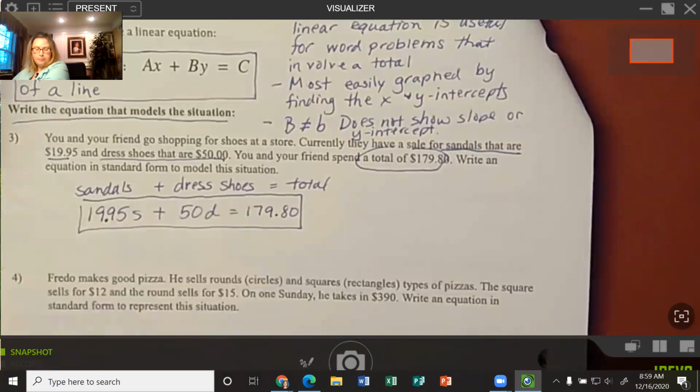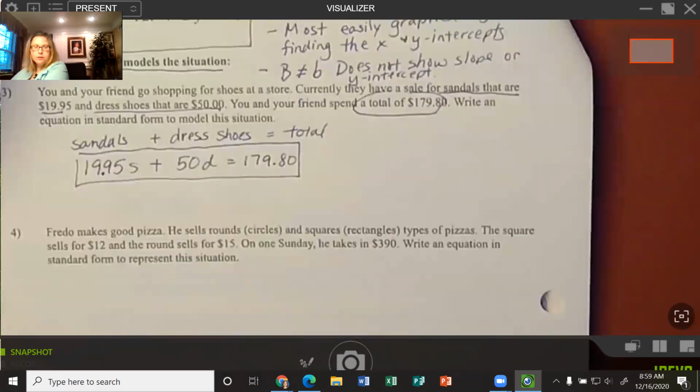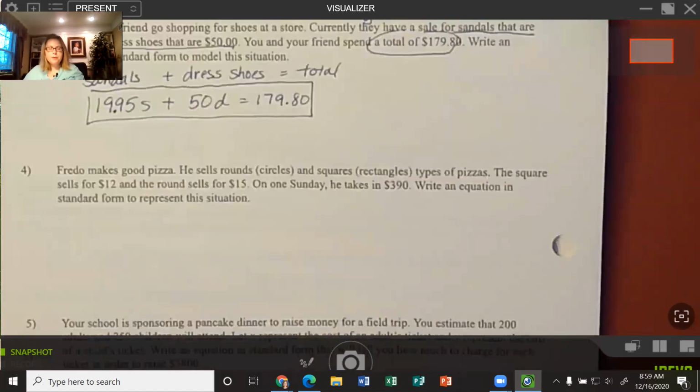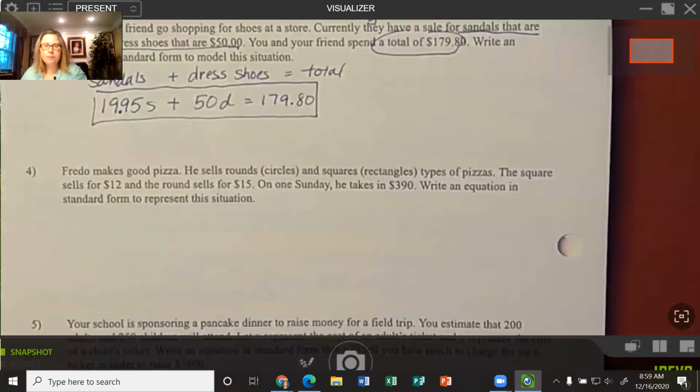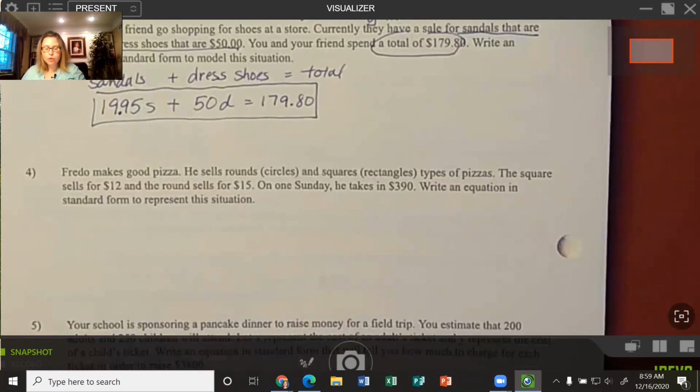Number 4, Fredo makes good pizza. He sells rounds and squares. The squares sell for $12 each and the rounds sell for $15 each. On one Sunday, he takes in $390. Write an equation in standard form to represent the situation. So rounds plus squares equals our total.